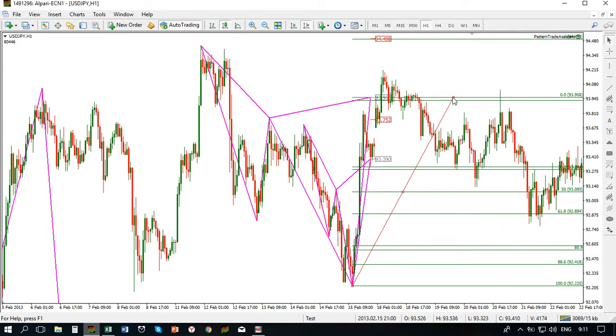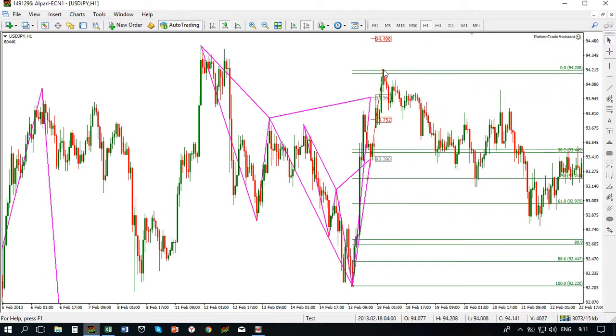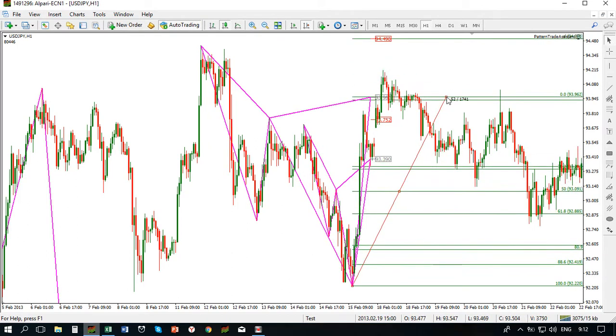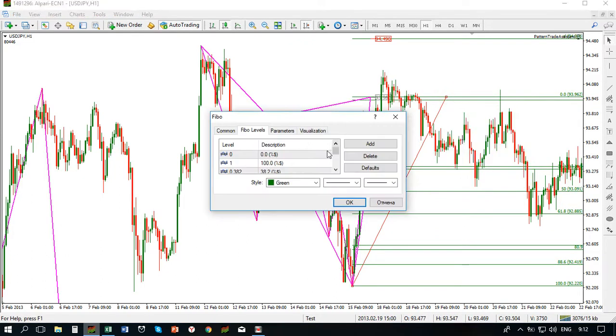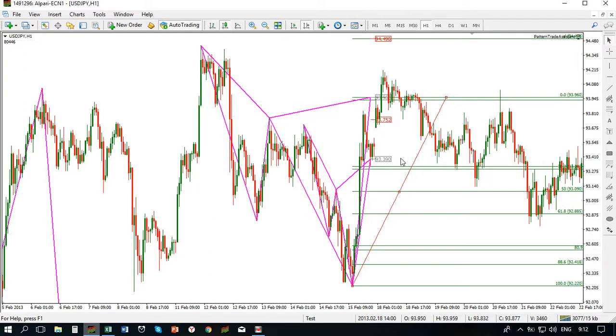This is the largest amount of our take profit, but because price action goes higher, the take profit goes higher as well, and we have a smaller amount. So this is 96.0. Let me type it in parameters. 96. Okay, now it coincides exactly.